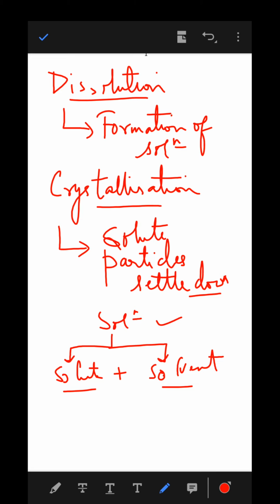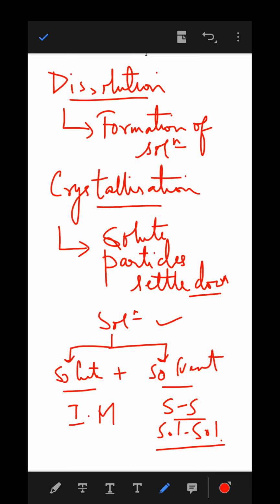That is, a solute will dissolve in a solvent only if the intermolecular forces within the solute and those within the solvent become similar to those occurring between the solute and solvent molecules.